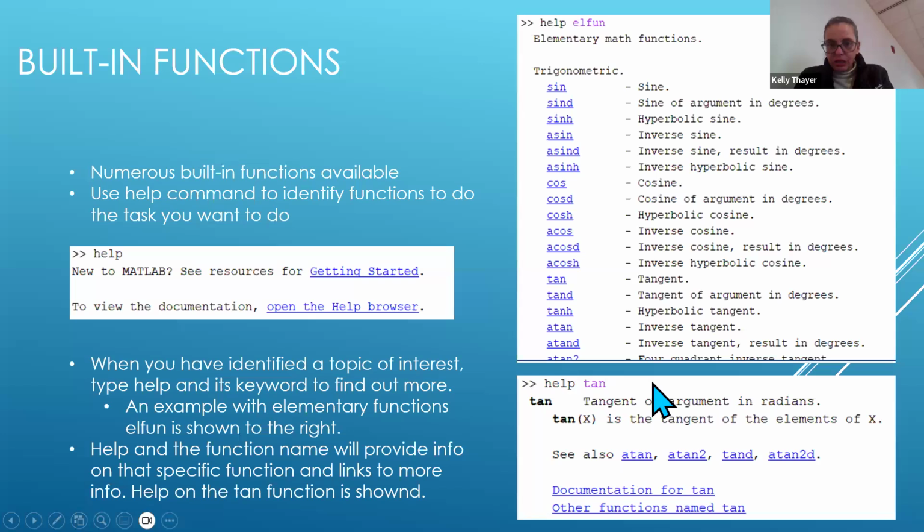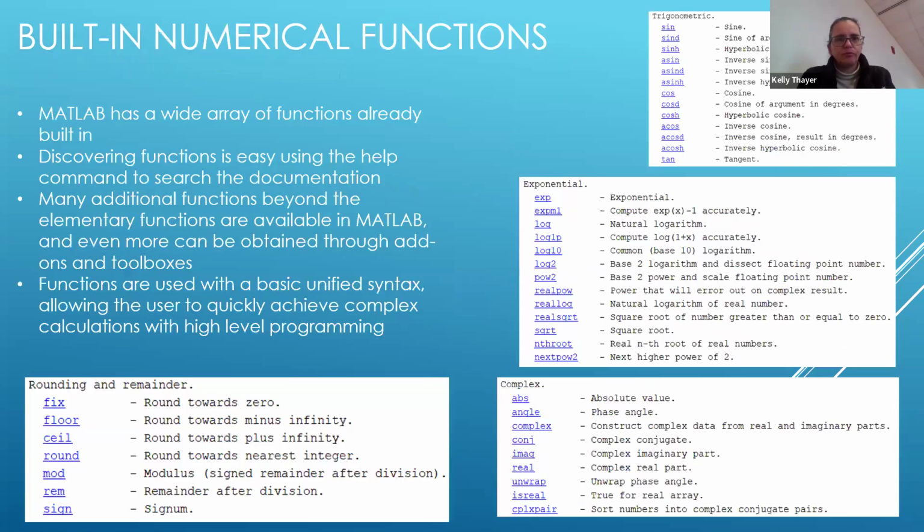Here I'm interested in the tangent function. So then you can do help tan and it will delve into these things in more detail. It also tells you other related things, and it links out to additional information. So it's very easy to discover new tools in MATLAB by making use of this.